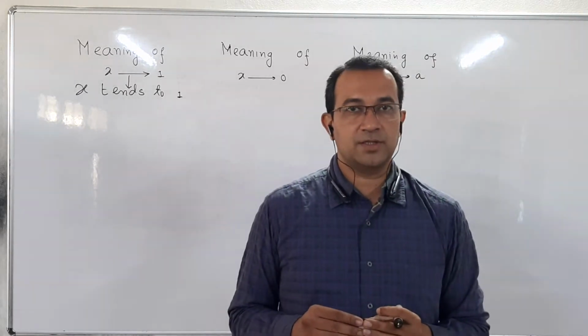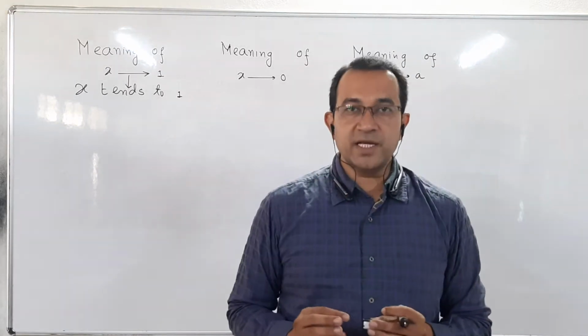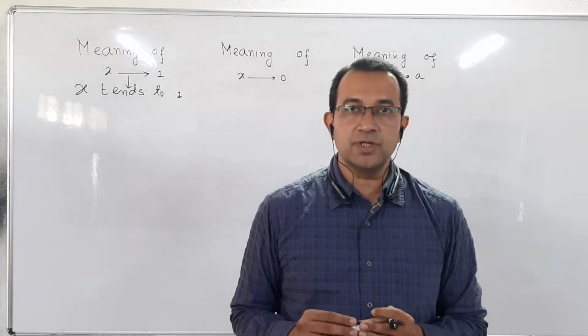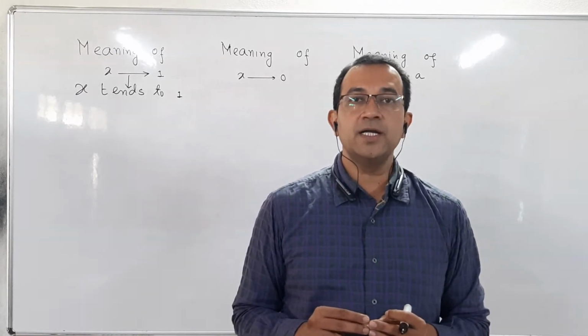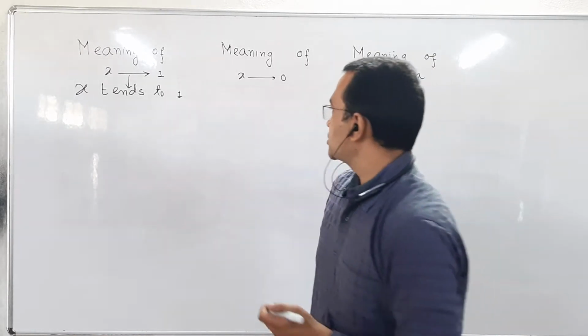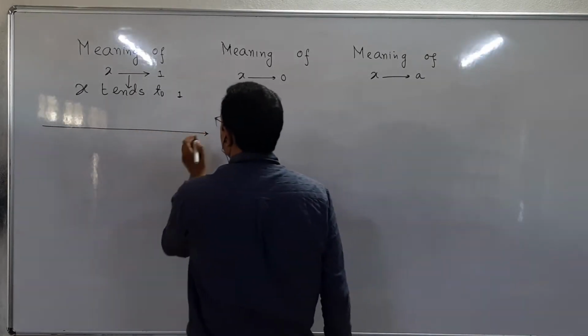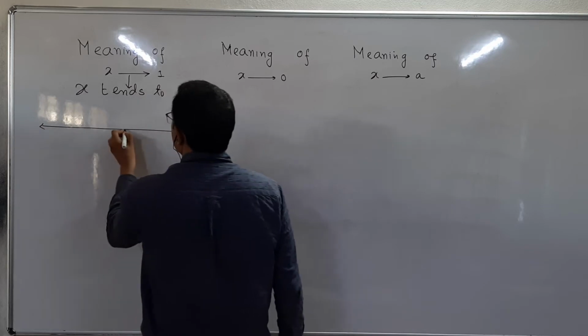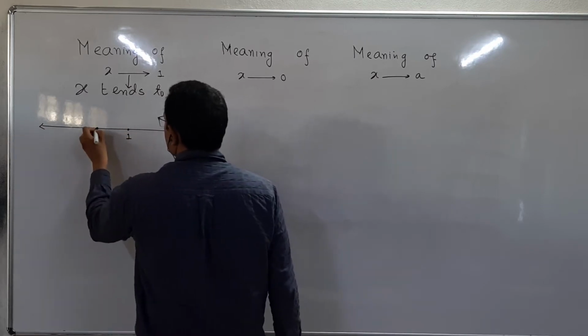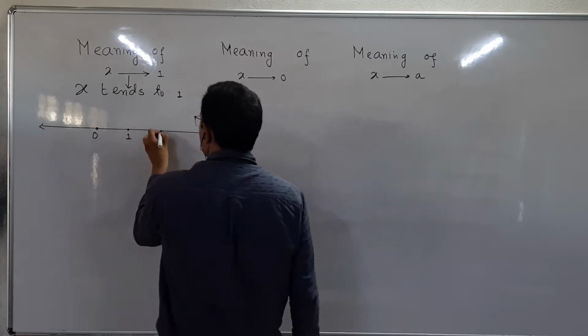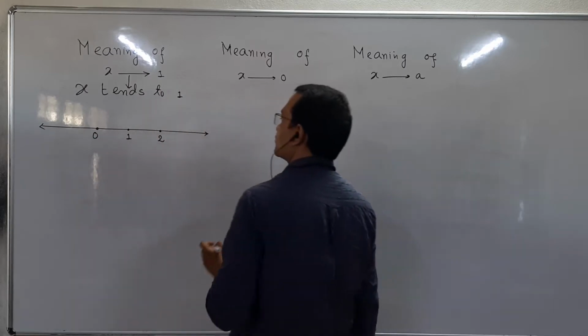Means what? This is best understood with the help of a number line. Say students, I draw a number line. So this is integer 1. So this is 0. And say this is 2.